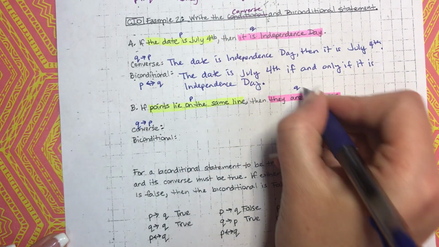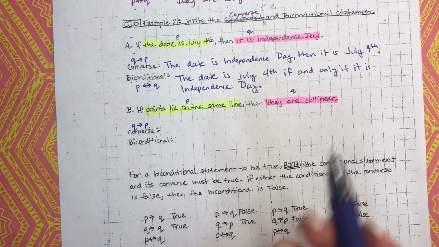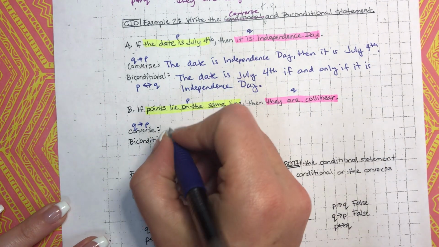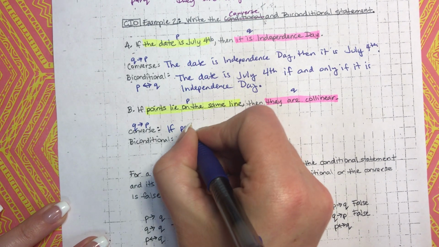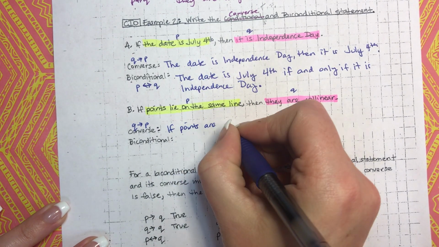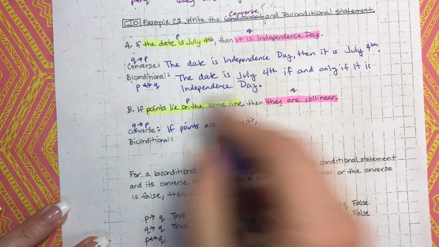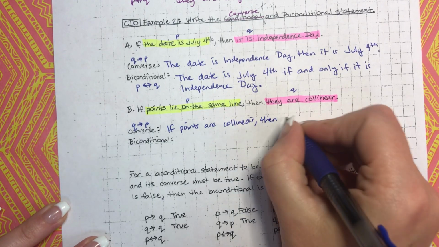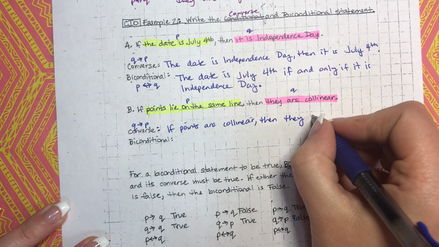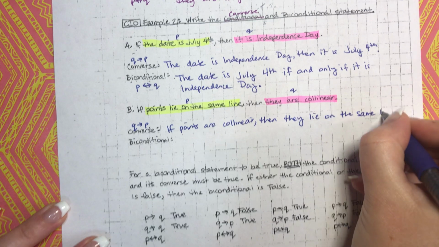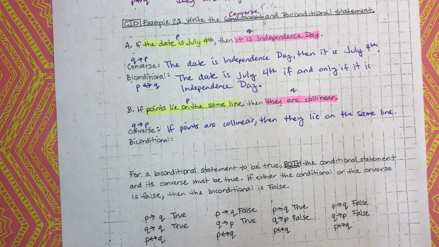This is our P, this is our Q. So points, they are referring to the points. So we would say, if points are collinear, then they lie on the same line. Okay, so that would be our converse.